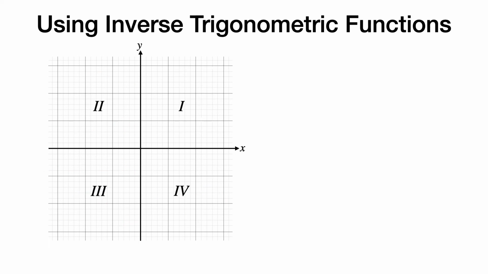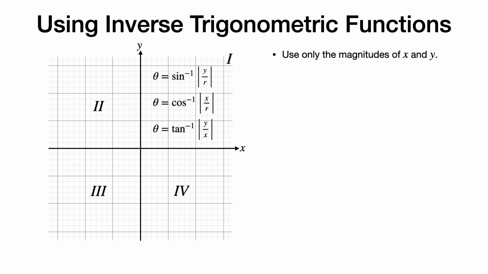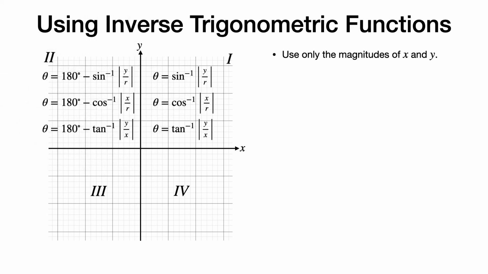Now, another approach for using the inverse trigonometric functions is to use only the magnitudes of the x and y Cartesian coordinates. This changes nothing in the first quadrant. In the second quadrant, we still have to modify things, but we modify things in a more uniform way.